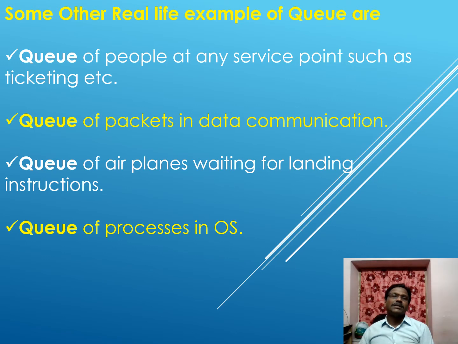Queue of packets in data communication: in a network, data flows one by one, which also maintains a queue. Another example is the keyboard, where the first entered character appears first. Another example is the printer, which also maintains a queue. Also the queue of aeroplanes waiting for landing, and queue of processes in operating systems. There are so many real life examples.